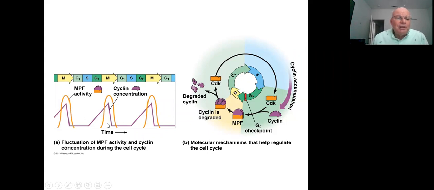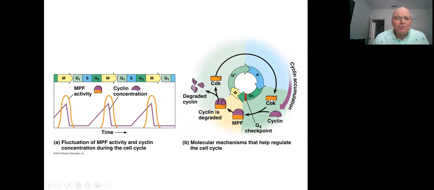So not surprisingly, MPF activity correlates very nicely with mitosis, beginning when mitosis begins, peaking in the middle of mitosis, ending as mitosis ends, something that we would expect. But when we look at the 2 components of MPF, the cyclin and the cyclin-dependent kinase, what we notice is that the kinase is present at a constant level.